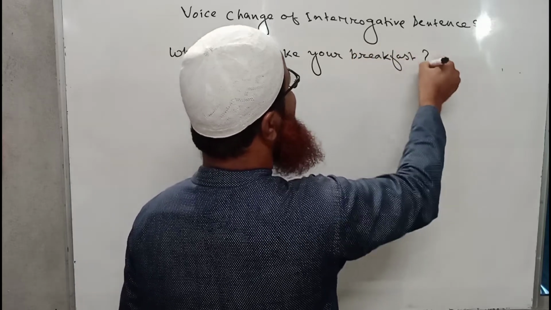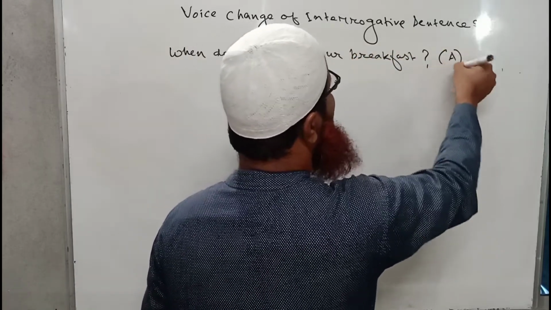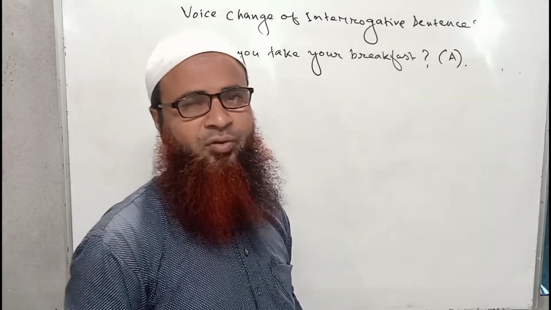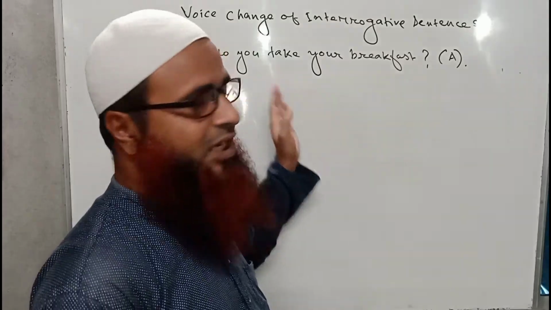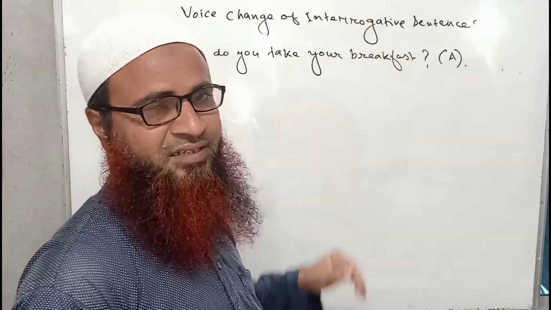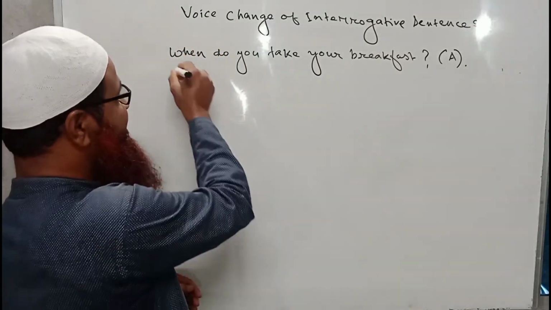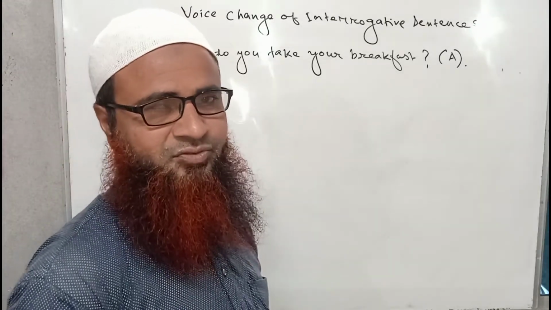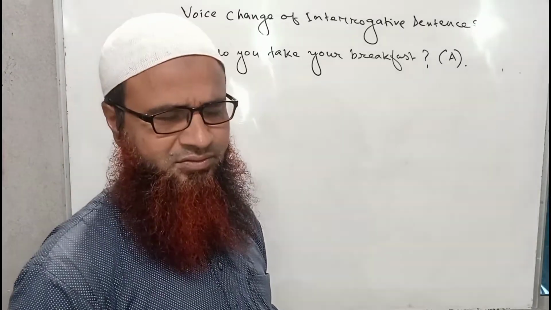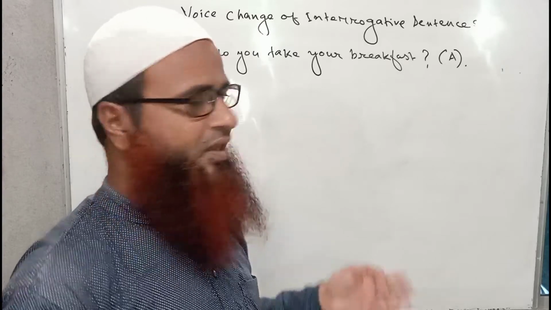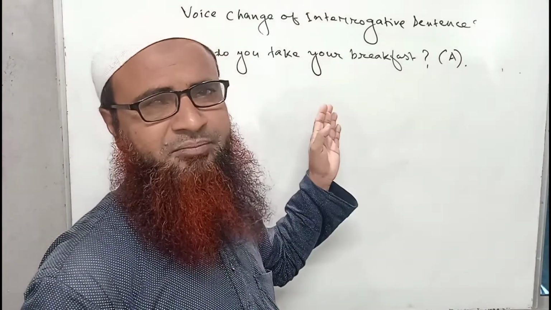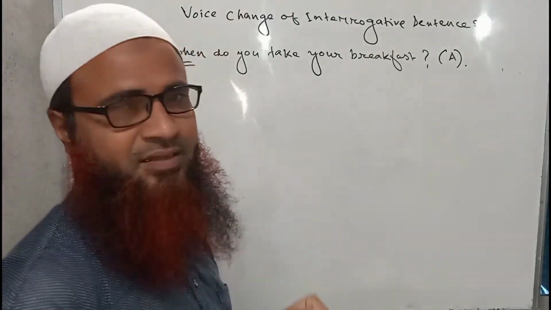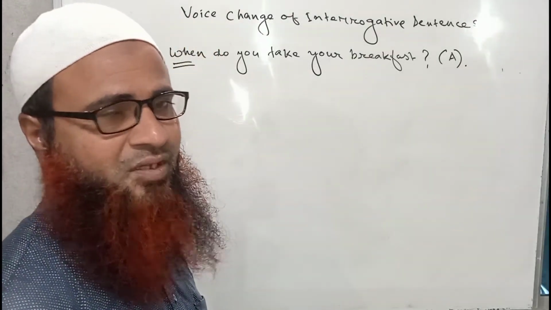Generally, our students get difficulty to change the voice from active to passive of the interrogative sentences or such type of sentences, where the sentences start with a WH question word. But today I am going to tell you that it is very easy to make them passive if we observe the sentences very carefully.